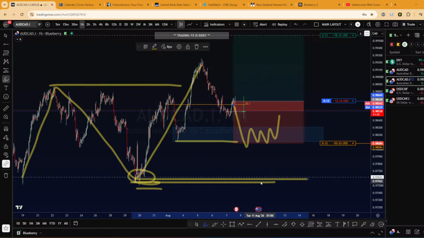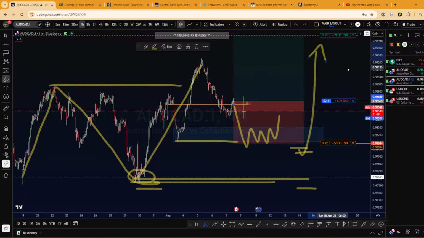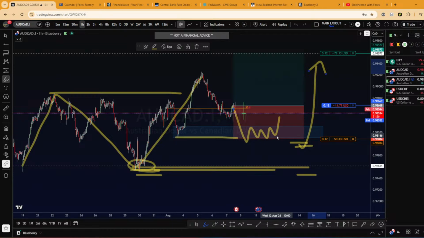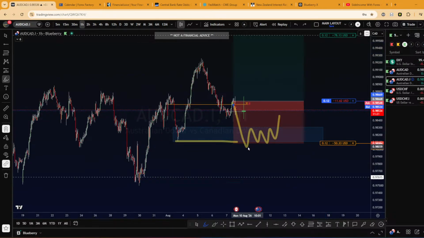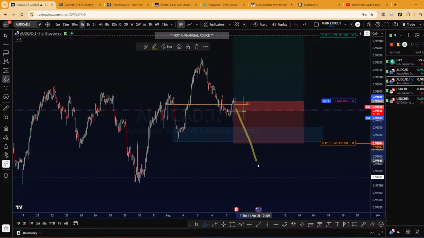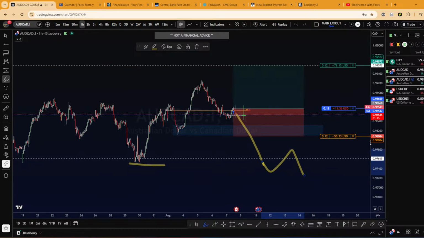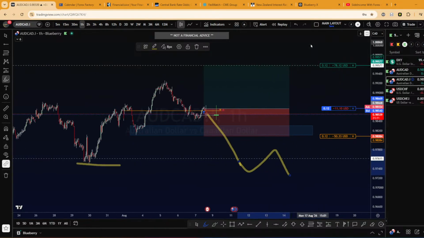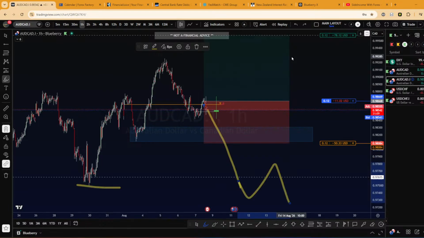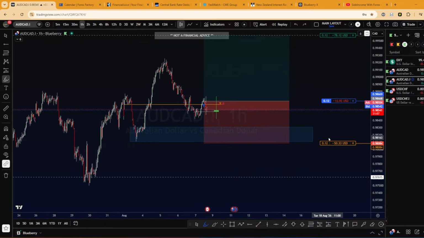As long as we are not breaking this, I'm still okay to take some other position with stop below this low to drive this price higher. So if, for example, next week we have a drop and break below, then my trade idea will be out of the table. Okay, so yeah, and of course I manage my risk.